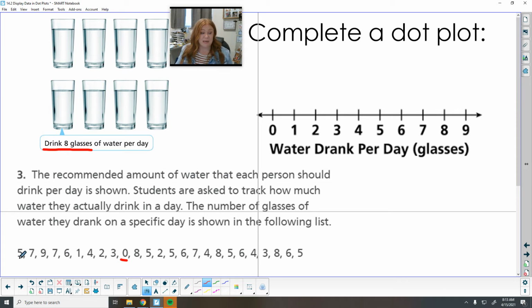So just go through a number at a time. So put your 5 on your dot plot, put your 7 on your dot plot. And now remember, we want to keep these in line. And then when we make a second level, we want to try and keep those in the same line as well. It's okay if it's not perfect, but right, if I put my 7, whoops, that's not what I wanted to do. That's not my eraser.